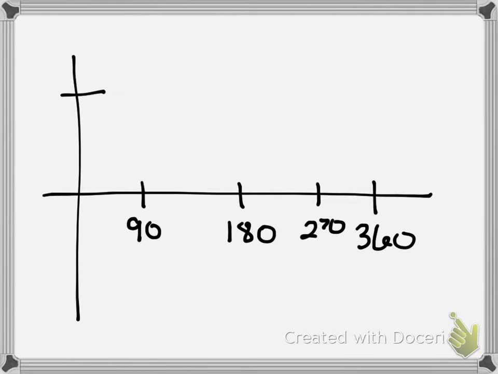So at 0, that was at 1. 90 degrees was actually at 0. 180 was at -1. Back to 0 and back up to 1.